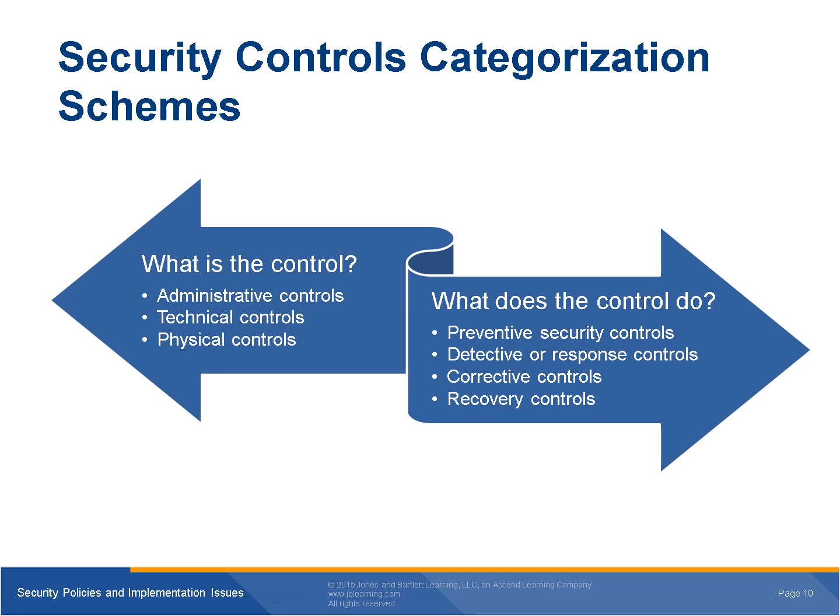The first category includes the administrative, technical, and physical control categories. These describe what the control actually is, such as a named process, a standard, a firewall, or a locked door. So what is the control?